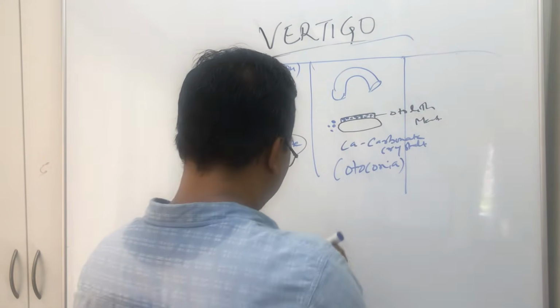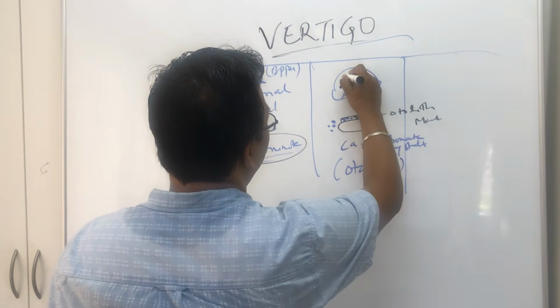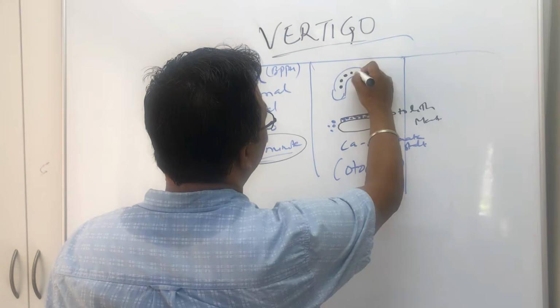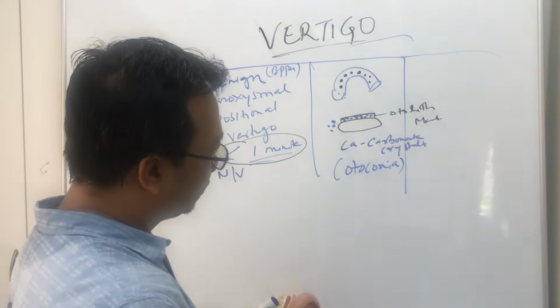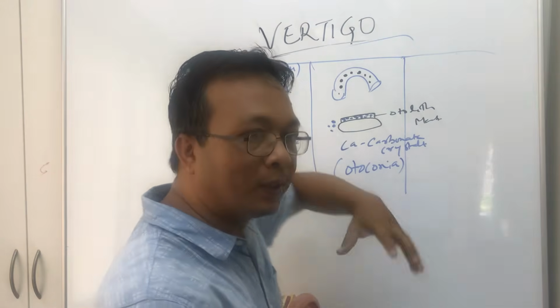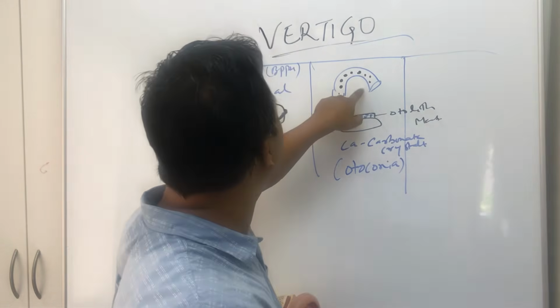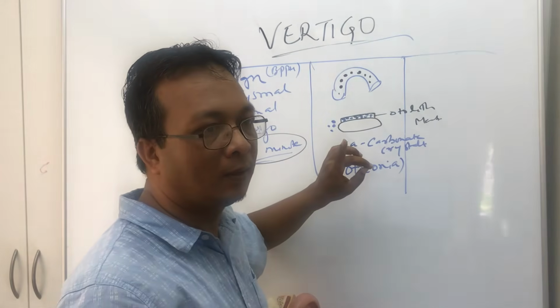When it is analyzed, people see these calcium carbonate crystals, called otoconia, floating in the fluid. Because of that, sometimes BPPV results.